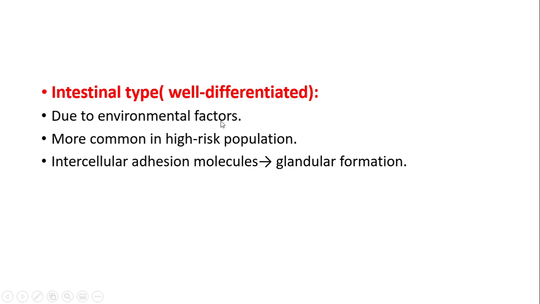The risk of mutation is higher in the diffuse type than the intestinal type. Environmental factor number one is H. pylori chronic gastritis, in high risk populations. Intercellular adhesive molecules are still present, resulting in glandular formation that looks like intestinal type glands.